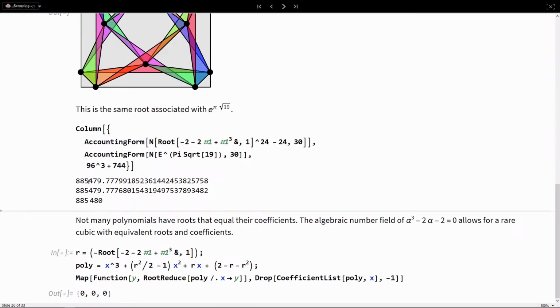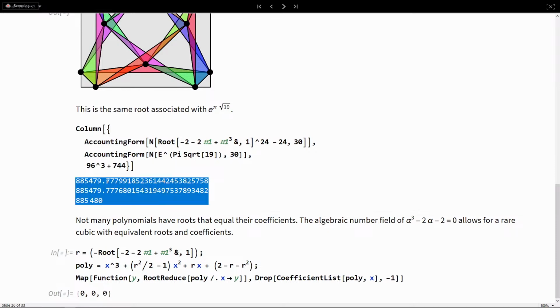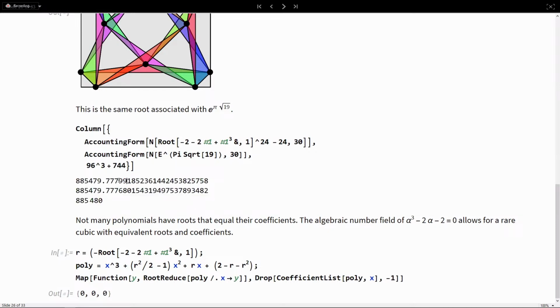So here's the algebraic space we were looking at, raised to the 24th minus 24. You get 885,479 plus 7.777.